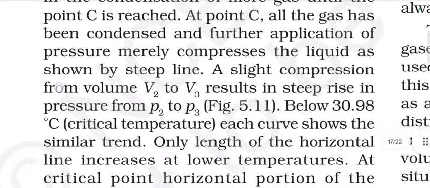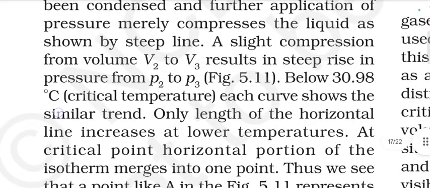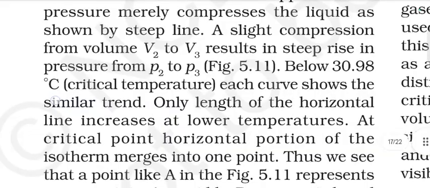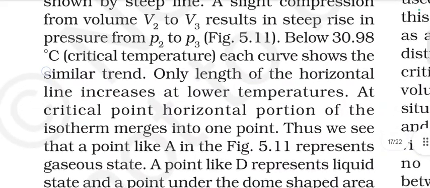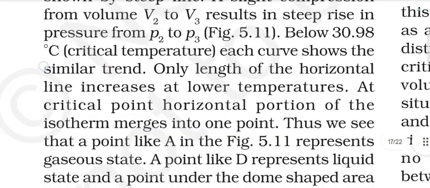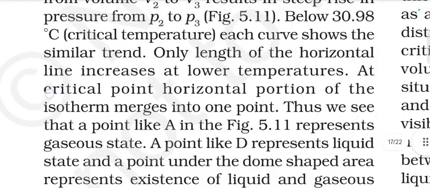At point C, all the gas has been condensed, and further application of pressure merely compresses the liquid as shown by the steep line. A slight compression from volume V2 to V3 results in steep rise in pressure from P2 to P3.